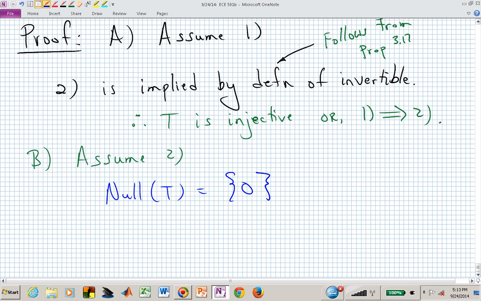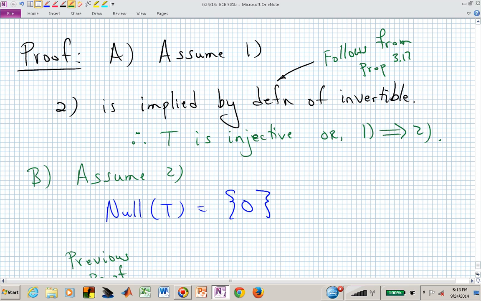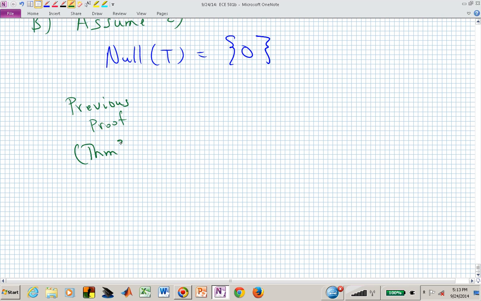If that's the case, remember one of these theorems that we've used or talked about, which is actually Theorem 3.4, and that dealt with this relationship between dimensions. Remember, the dimension of V, the dimension of our domain, was equal to the sum of 2 dimensions. It was the dimension of the null space of T plus the dimension of what?